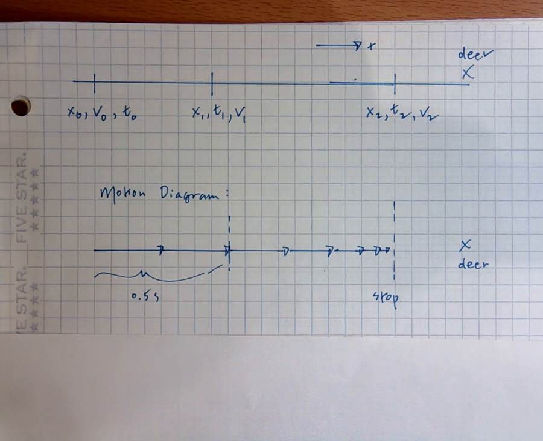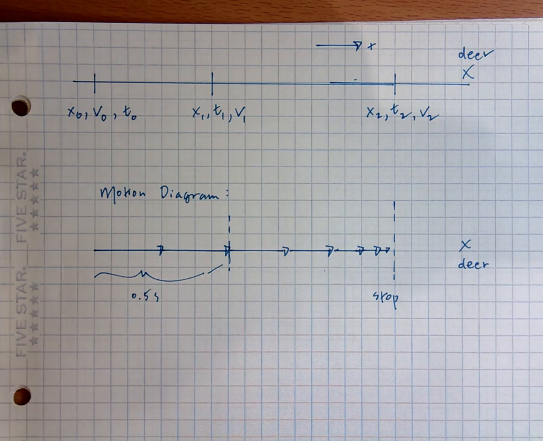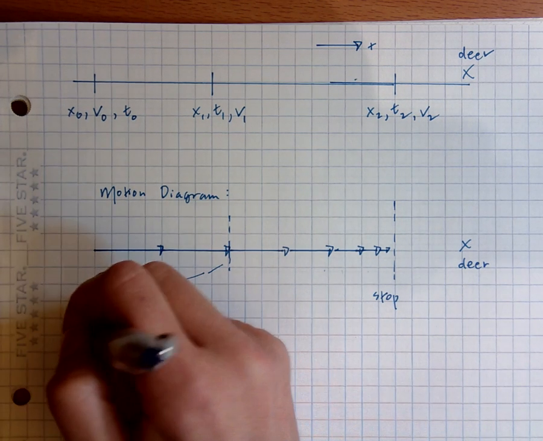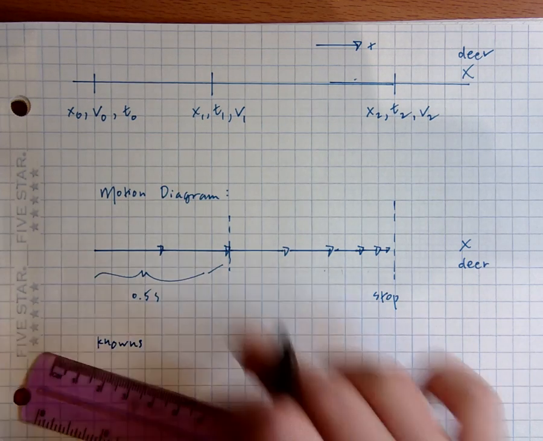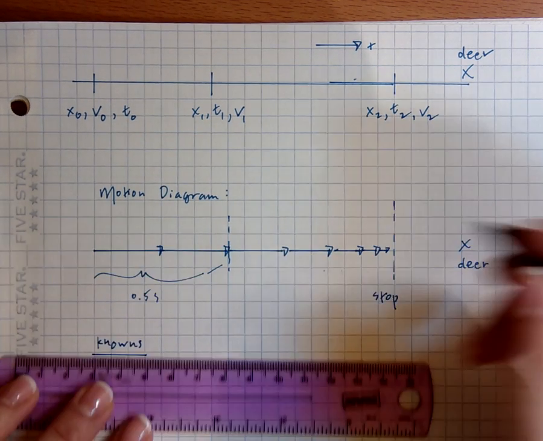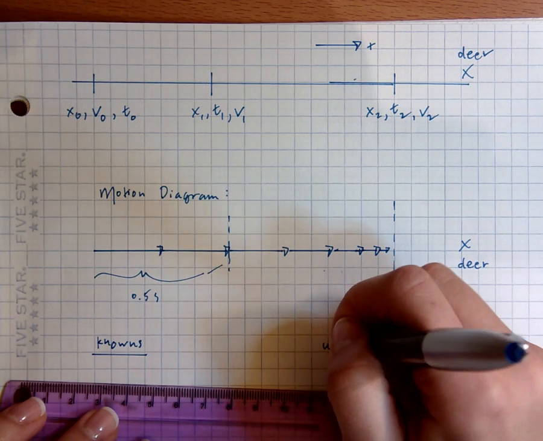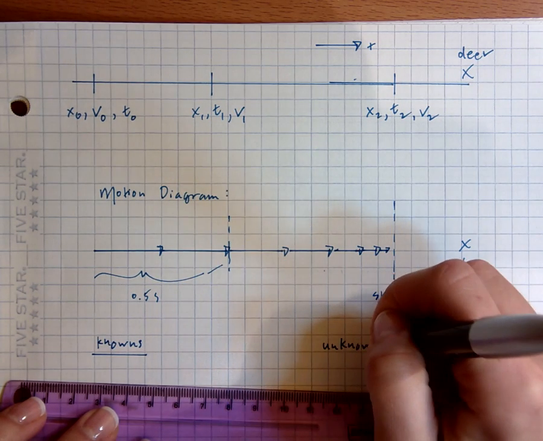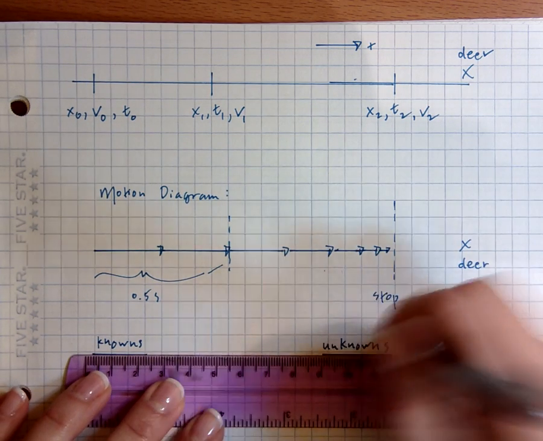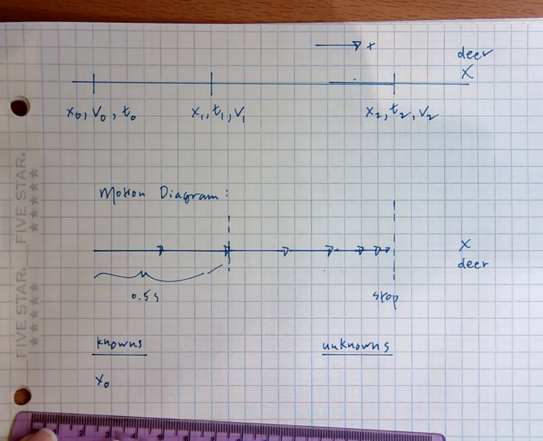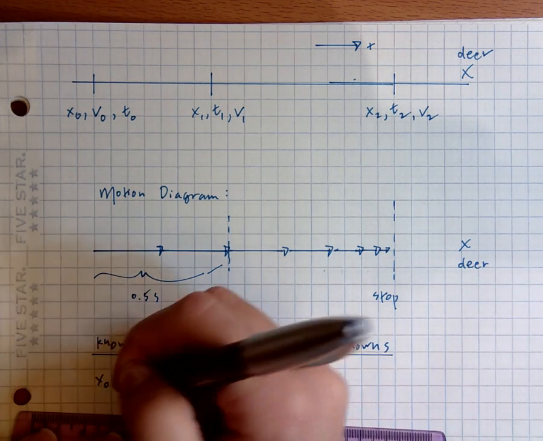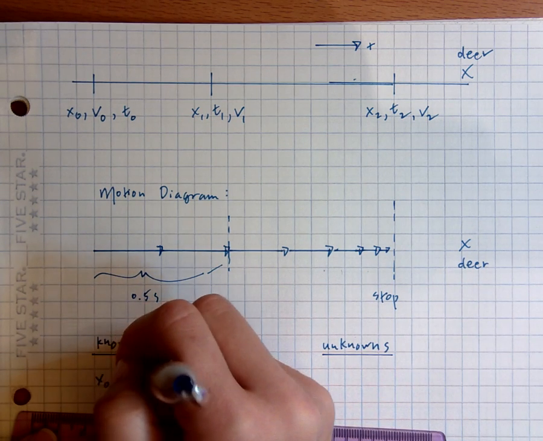The next thing we'll do is label our knowns and unknowns. So what do we know? Well, we picked the initial point to be the origin, so that will be our 0.